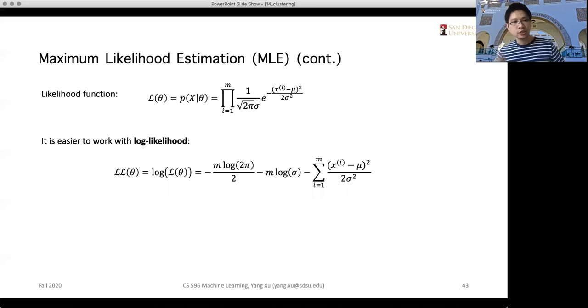So we can apply a log function to compute the log likelihood, which is double L. Taking the log is very convenient because it cancels the exponential term, and it converts the product into a summation. The logarithm of a product is the summation of the log applied to each item of that product.